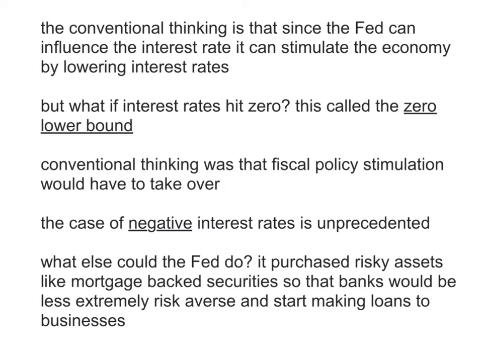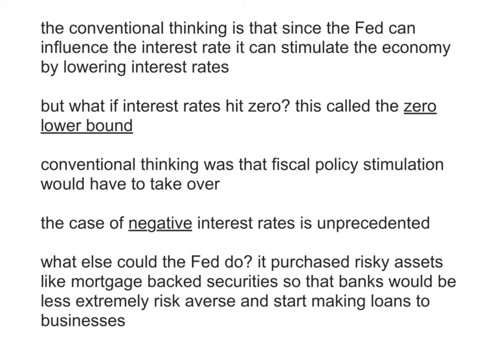And the conventional thinking was once interest rates hit zero, that's as low as they can go. So if the Fed wants to do even more stimulation, there'll have to be something else done. And the something else was usually that now the federal government has to step in and run deficit budget spending.